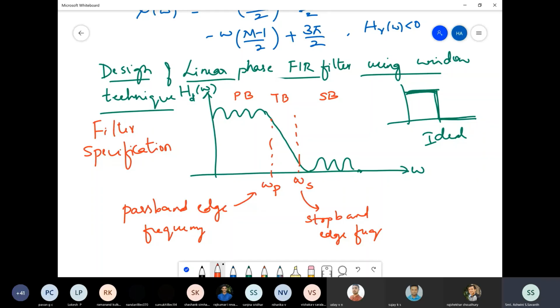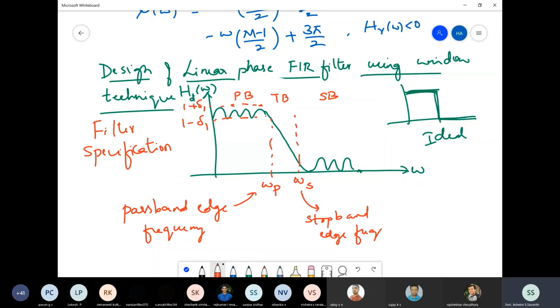and then the ripples in the pass band and the stop band will be specified, the magnitude of the ripples. If you look at this range, this one is 1 plus delta 1, and this is 1 minus delta 1. The ripples in the pass band vary between the amplitudes 1 plus delta 1 and 1 minus delta 1. This is the magnitude that we are talking about. We will also draw the dB scale. What is a dB scale?